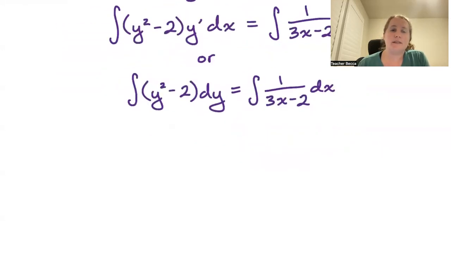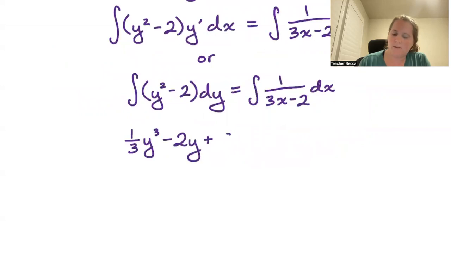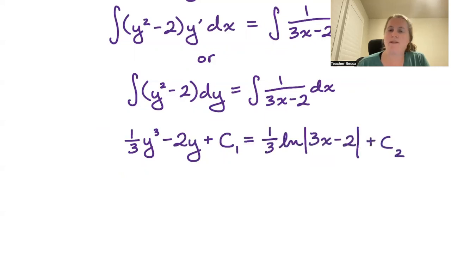Integrating the left-hand side, we have 1/3 y cubed minus 2y plus what I'm going to call c1. On the right-hand side, if we integrate with respect to x, the integral of 1 over 3x minus 2 dx, we are looking at 1/3 times the natural log of the absolute value of 3x minus 2 plus c2.